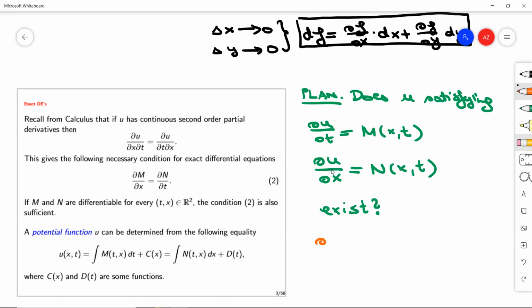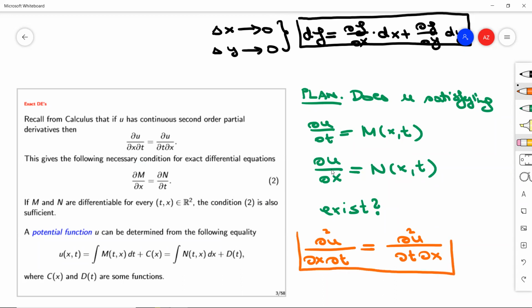So the derivative of u with respect to t and then with respect to x should be the same as in the case where we first take the derivative with respect to x and then t. So this condition should be fulfilled. We only said this, we didn't prove it because it would require quite a lot of technicalities, but this is what should hold.